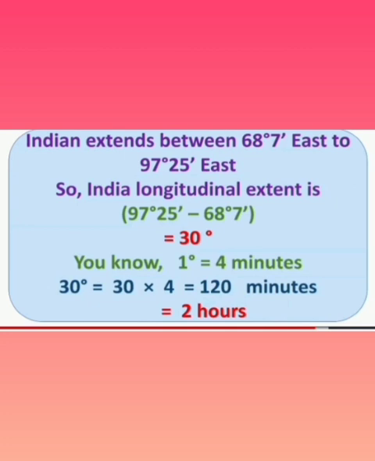So, India's longitudinal extent is 97 degrees 25 minutes minus 68 degrees 7 minutes. We get 30 degrees. You know 1 degree is equal to 4 minutes. So, 30 degrees will be equal to 30 into 4 minutes. That is 120 minutes, which is equal to 2 hours.